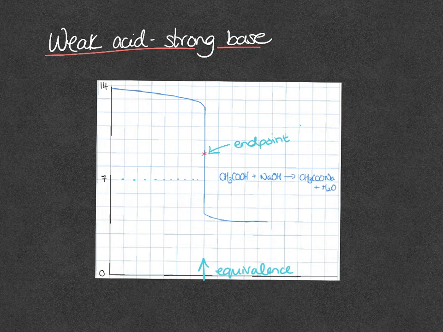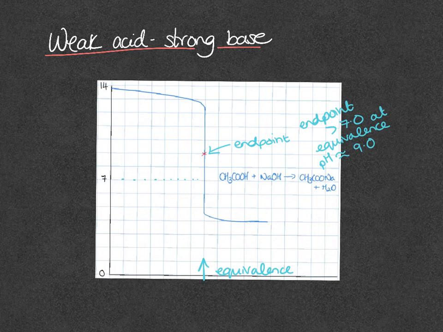So the end point is greater than 7 at the equivalence. So usually it's around pH 9. So in this combination, we end up with a pH at equivalence higher than the 7 that we might expect.